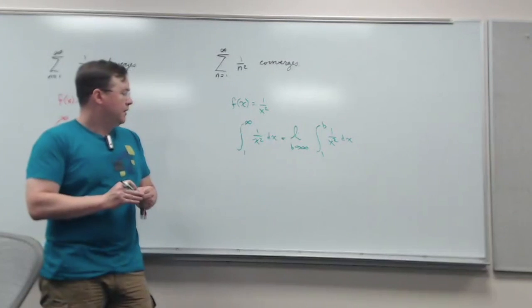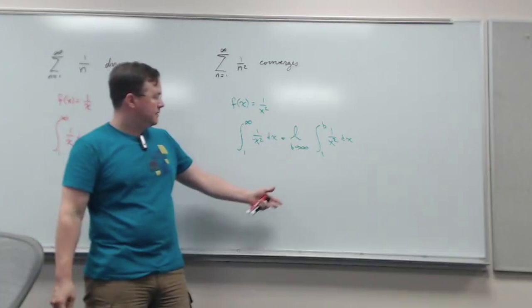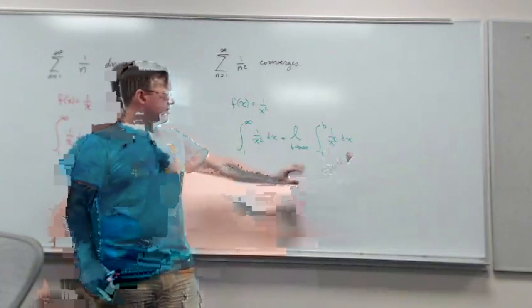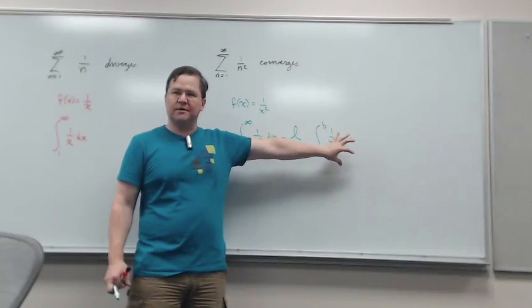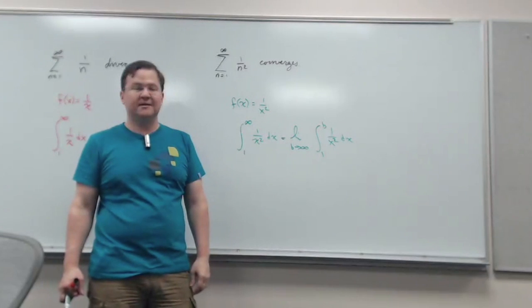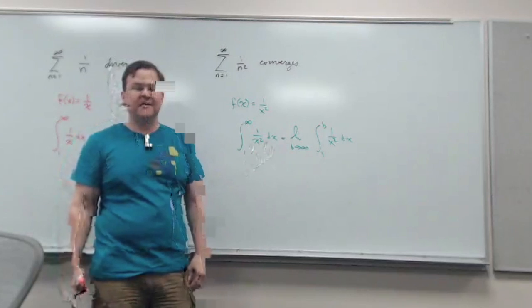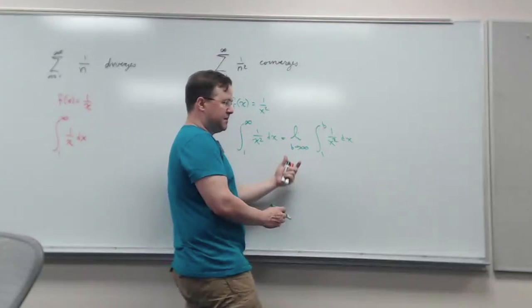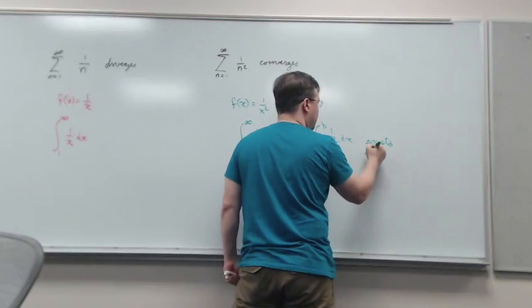You take the antiderivative, and I'm not going to do the steps right now, but if you go through them, you'll discover that it converges and equals a finite number. And because this limit exists, it follows that this series converges.